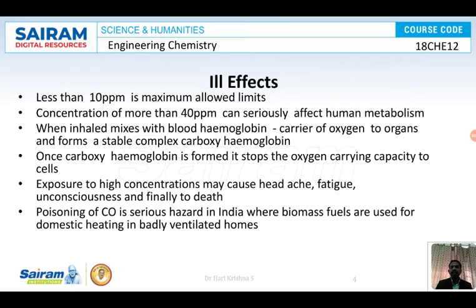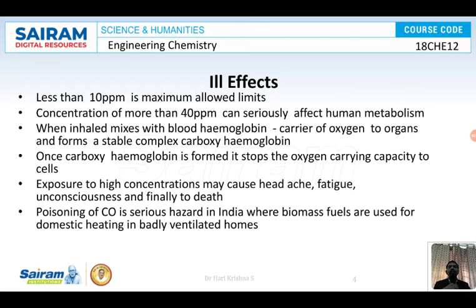So what are the ill effects? The allowed level of carbon monoxide is 10 ppm. If it is more than 10 ppm, it causes various ill effects on human beings. If the concentration is more than 40 ppm, then it affects human metabolism. When inhaled, it mixes with hemoglobin. Human blood, or hemoglobin, has more affinity towards carbon monoxide than oxygen.